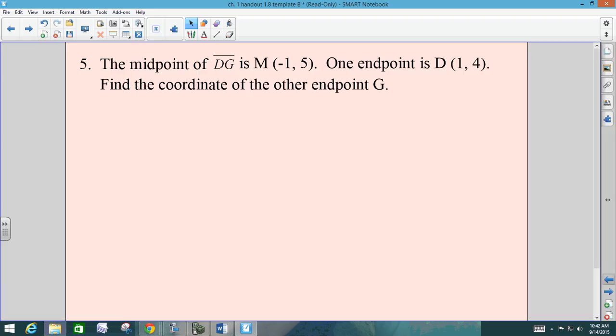No thoughts? How could we find the other endpoint? Brady? You double the midpoint? How so? What do you mean? Oh, and since I know the midpoint, I'm just going to do the opposite. Okay, so if I double it, I would get (-2, 10), right?